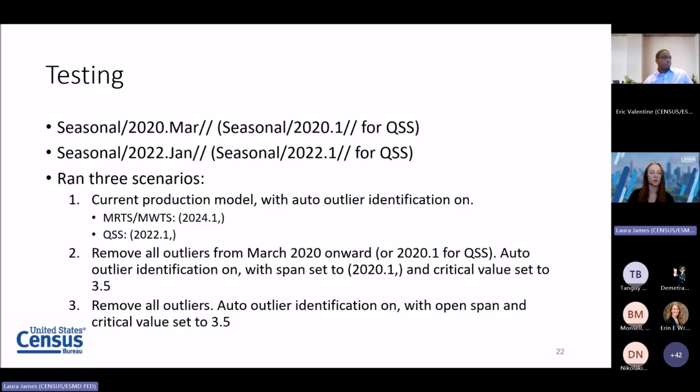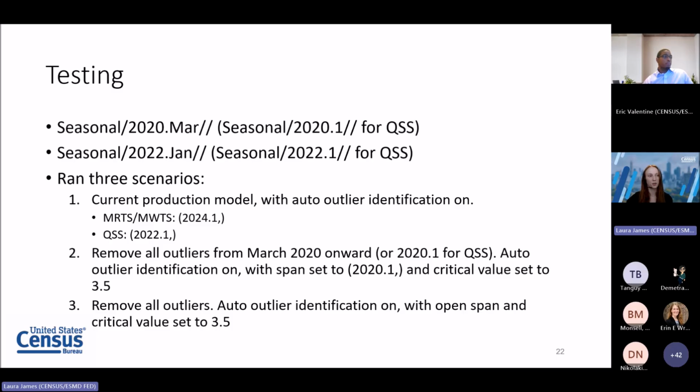Under scenario 2, I removed all of our hard-coded, what I call pandemic outliers. For MRTS and MWTS, that's anything from March 2020 onward. And for QSS, it's 2020 Q1. For this one, for the automatic outlier identification, I set the span to start at the start of 2020 to the end of the data.